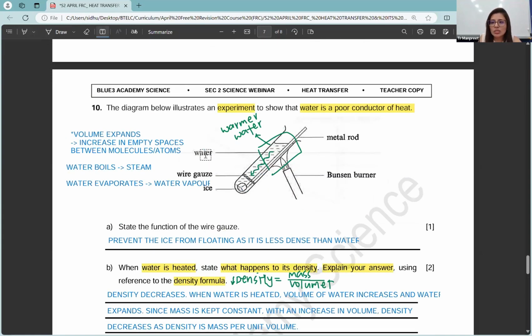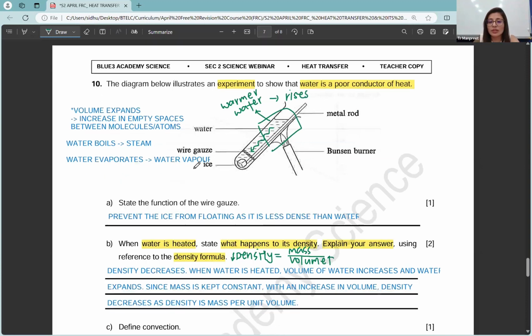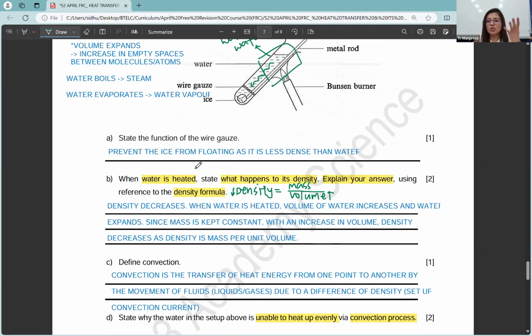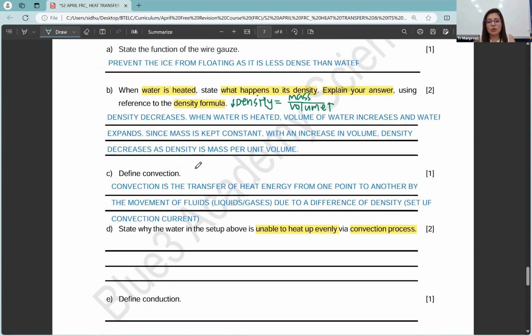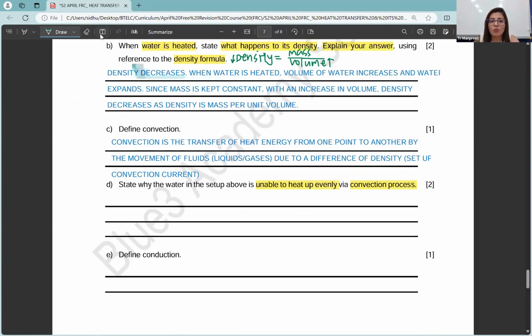Can the warmer liquid sink? No. We know warmer rises. So the warmer liquid remains at the top, and the cooler remains at the bottom. Is there any convection current being set up between the two of them? No, because you're not heating the base, right? So the cooler remains cool, and the water that's heated up remains warm.